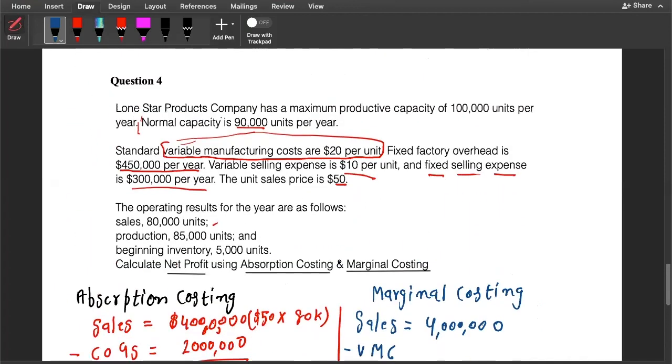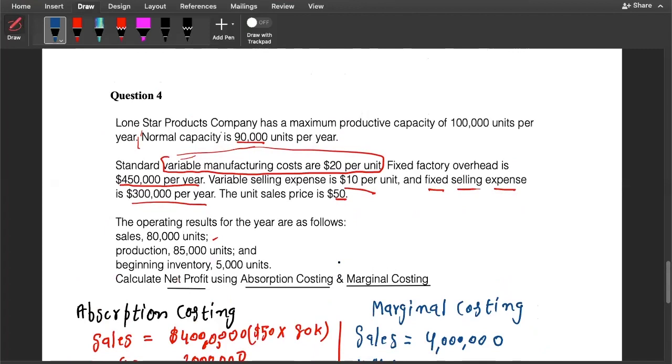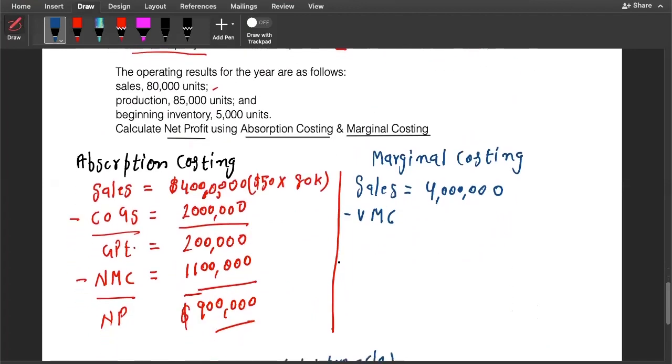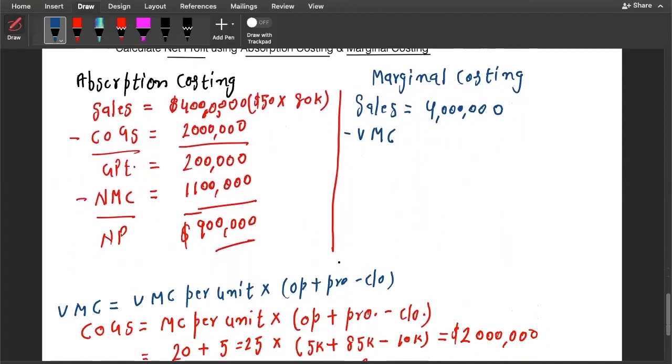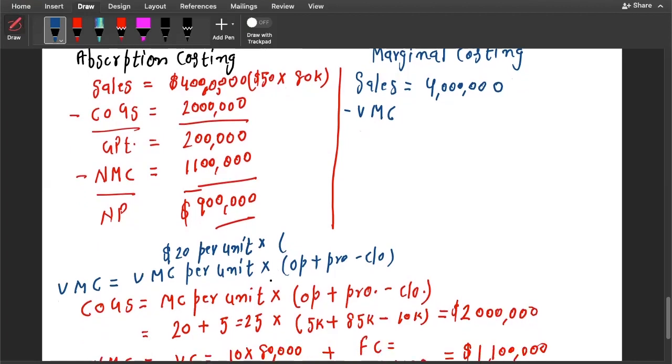So how much is variable manufacturing cost per unit? 20. Yes, it will be $20 per unit multiplied by opening, production, closing, which is 90 minus 10 is 80. All right, it will be 80. So multiply by 20. So how much is your variable manufacturing cost?